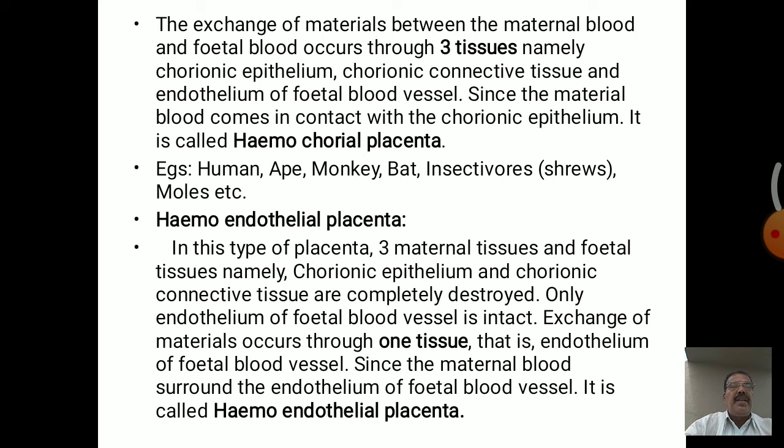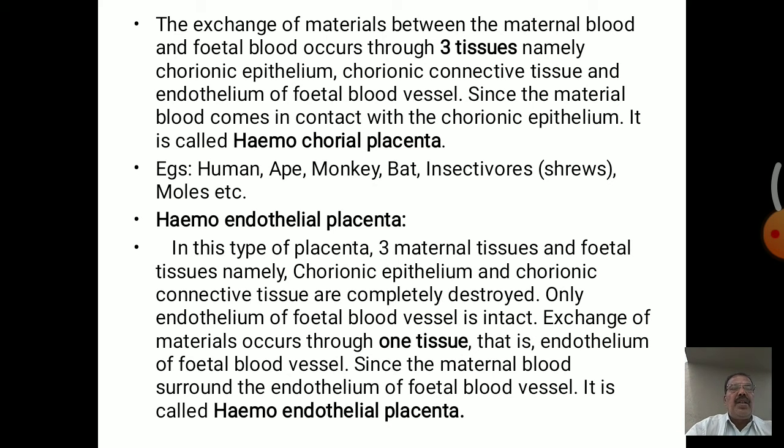The exchange of materials between the maternal blood and fetal blood occurs through three tissues, namely chorionic epithelium, chorionic connective tissue, and endothelium of fetal blood vessel. Since the maternal blood comes in contact with the chorionic epithelium, it is called hemochorial placenta. Example: human, ape, monkey, bat, insectivores, moles, etc.